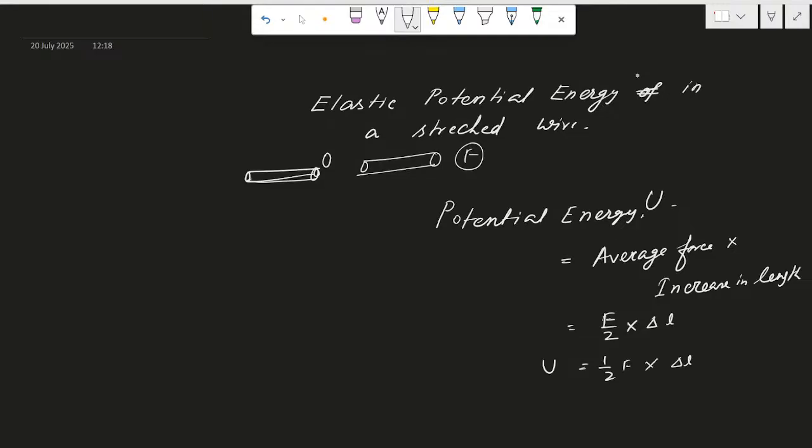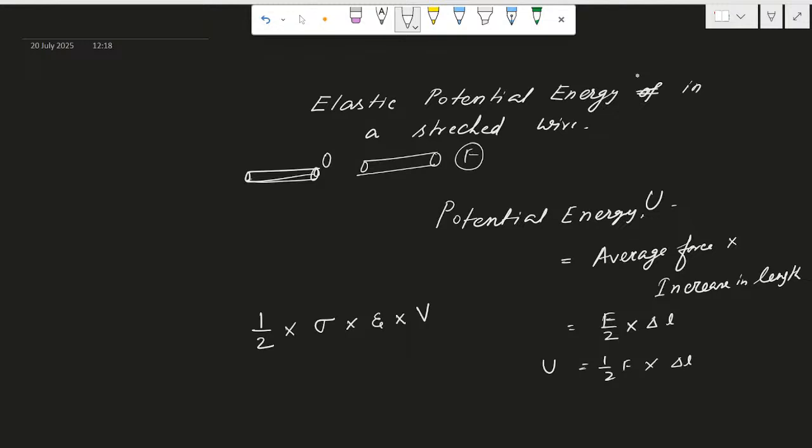If we consider the volume of the wire as a whole, we can write it as half into stress, that is sigma, into strain epsilon, into volume of the wire.